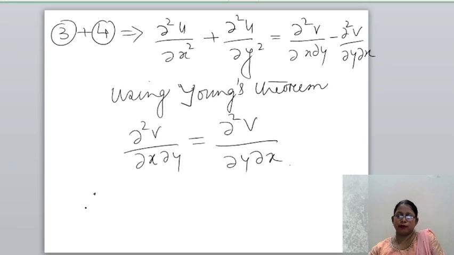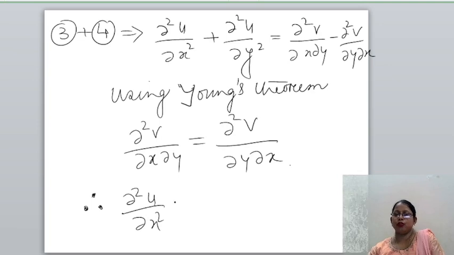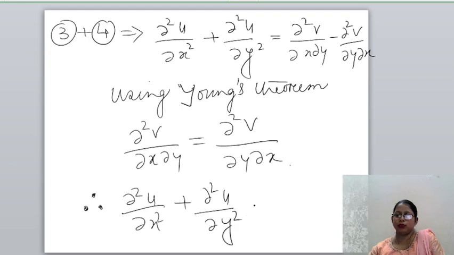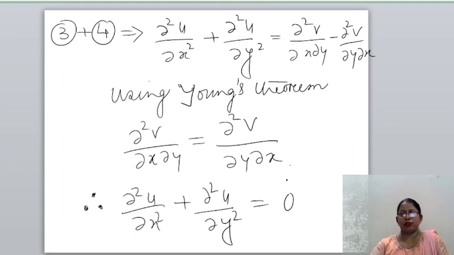Therefore del 2u del x2 plus del 2u del y2 is equal to 0. Similarly, we can show that del 2v del x2 plus del 2v del y2 is equal to 0.